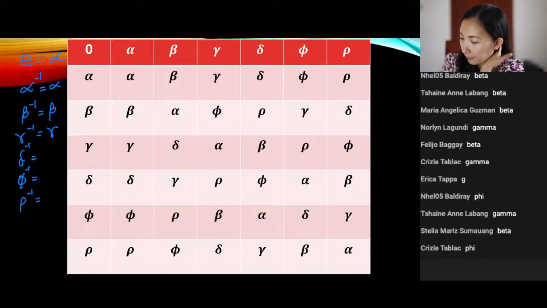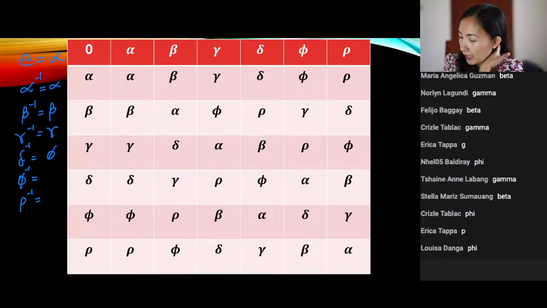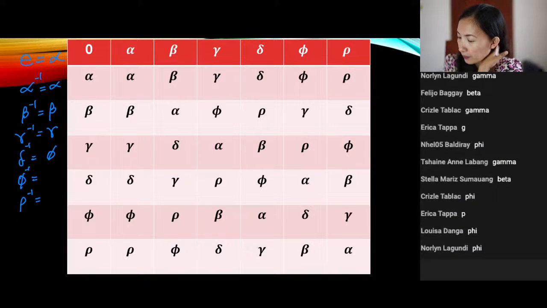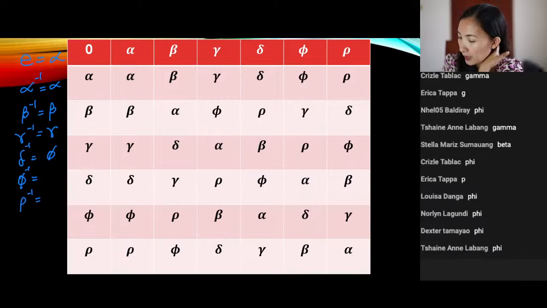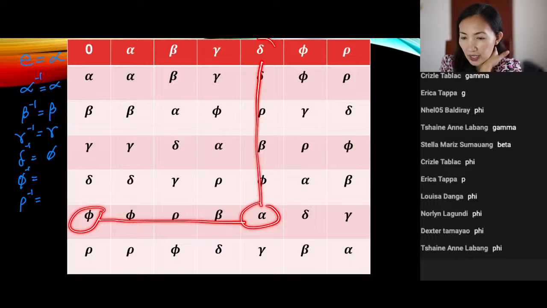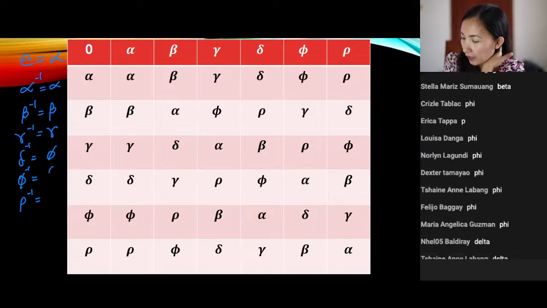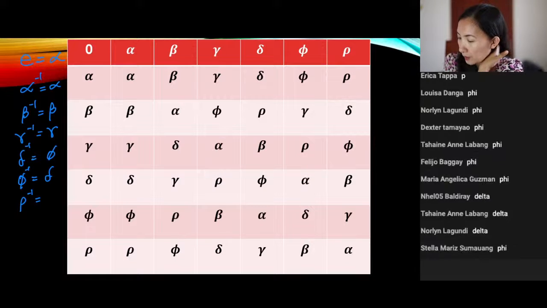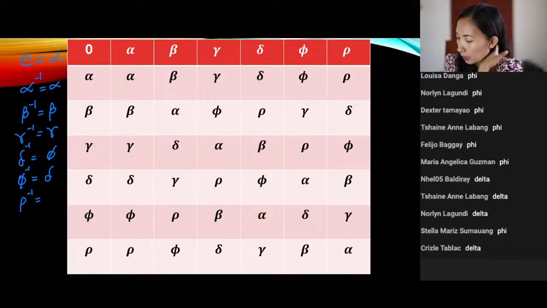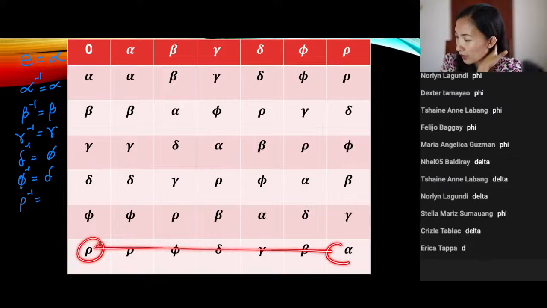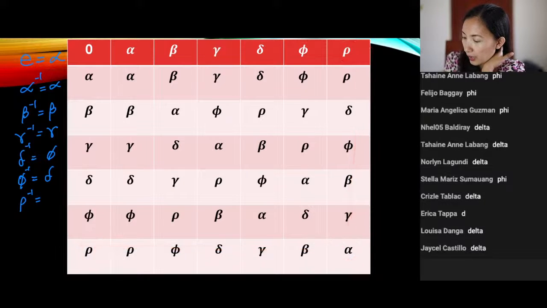Next, how about the inverse of phi? What must be multiplied to phi in order to get alpha? The reverse. It's delta. So, here, delta. And finally, rho. What must be multiplied to rho in order to get a product of alpha? It's rho itself. So, rho.